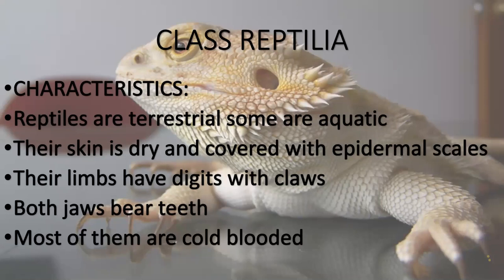Second we studied the class Amphibia. Amphibians belong to that class, like frog, toad, salamanders. Amphibians have a dual nature, that they can survive in water as well as on land.